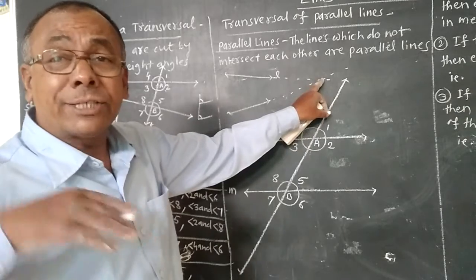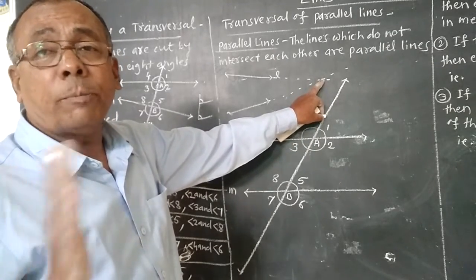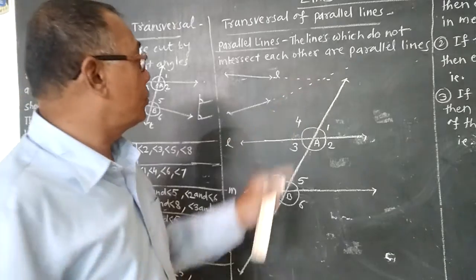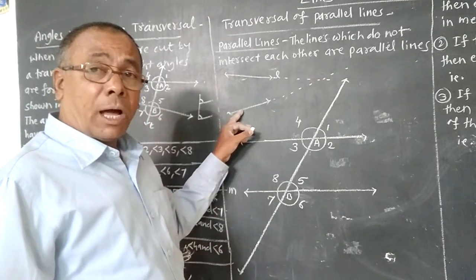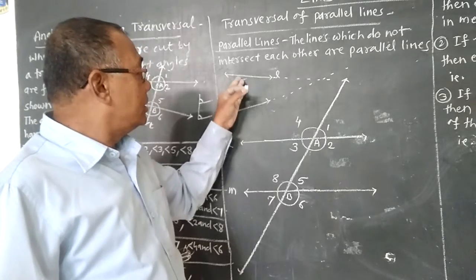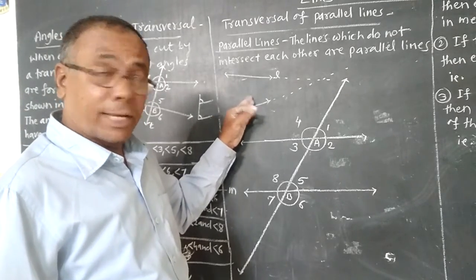So if the two lines are intersecting, then they are surely not parallel to each other. Understand?